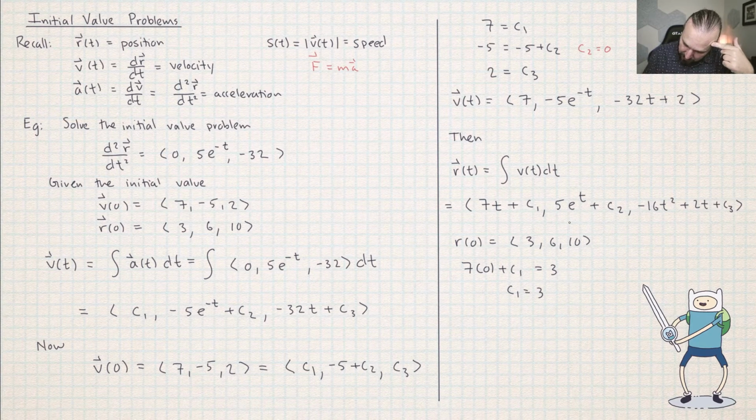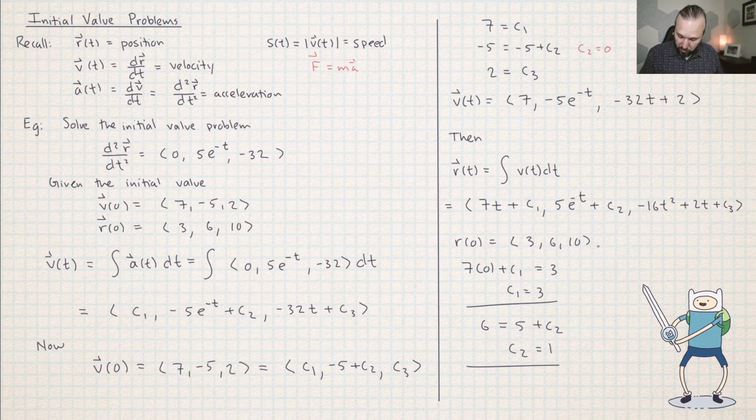Now likewise in the y coordinate, I'm getting e to the negative t, and I'm plugging in 0 for t, so I'm going to get 6 is equal to 5 plus c2, so c2 is equal to 1. And then in the last coordinate, when you plug in 0, all of these t's are going to go away, so I'm just going to have c3 and 10. So that's it, c3 equals 10.